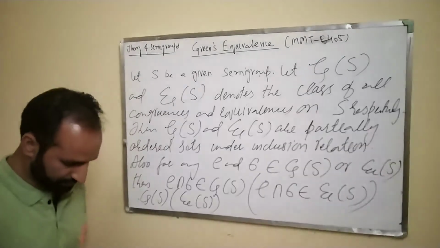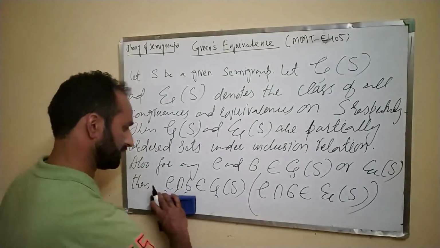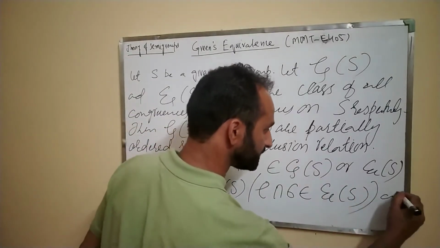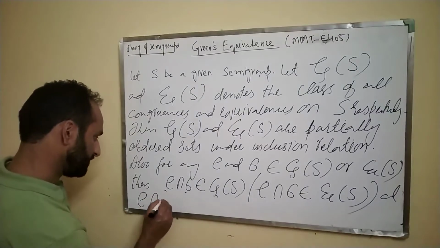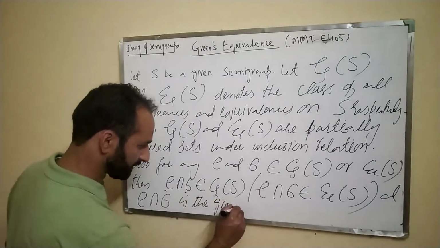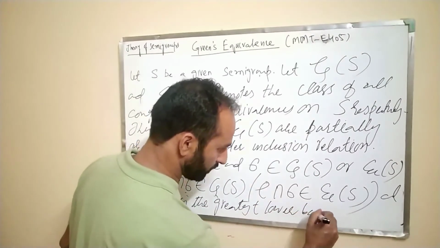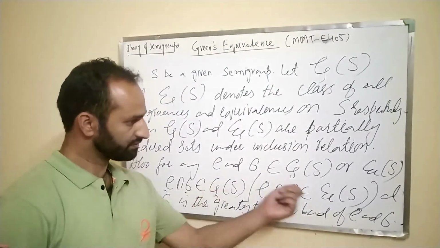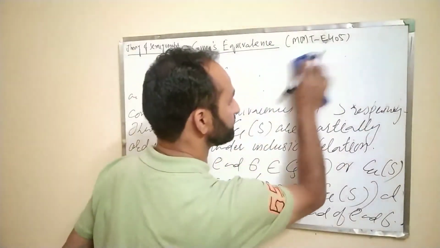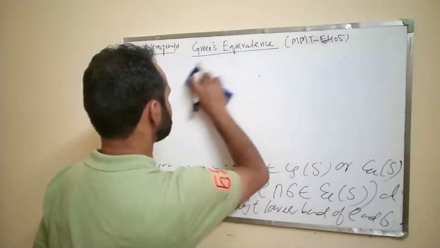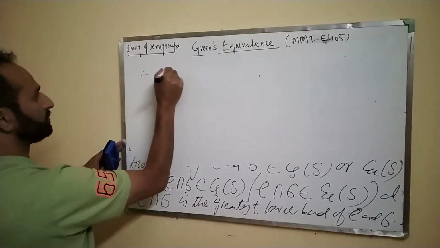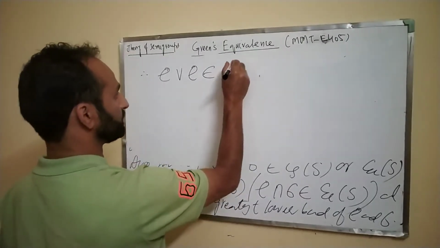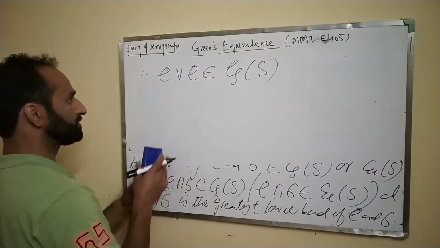Rho intersection sigma is the greatest lower bound of rho and sigma, respectively in C of S and E of S. So therefore the meet of rho and sigma belongs to C of S. Sorry, it's meet, not join.